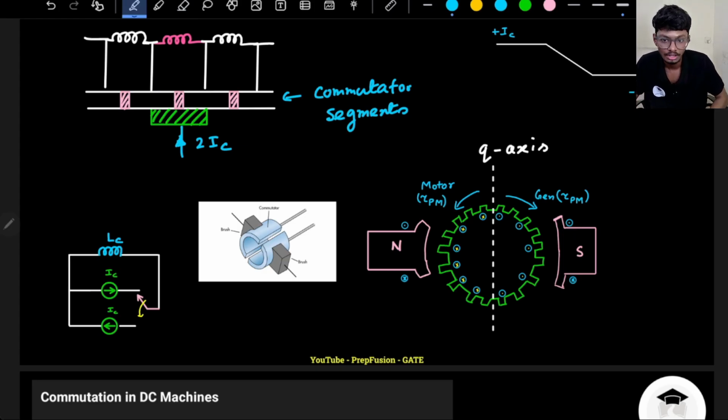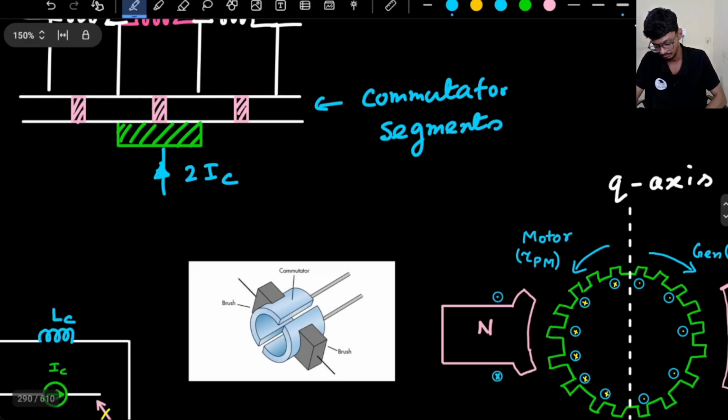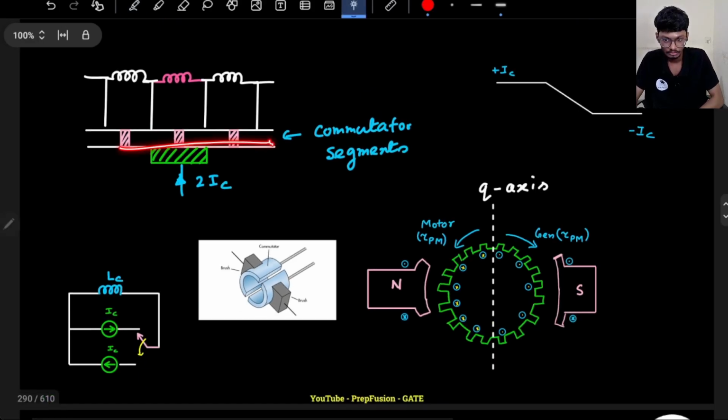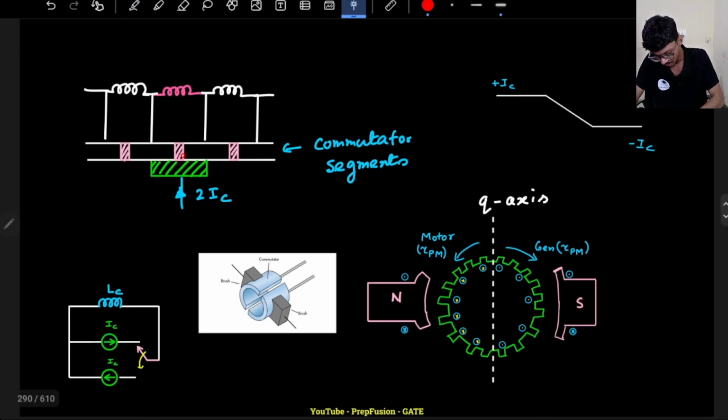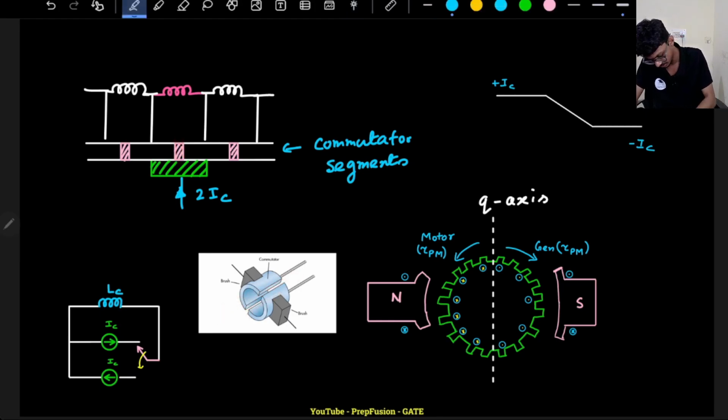This will keep on moving, and slowly the current will keep on reducing. From this brush, 2 IC current will come. When I am here, this is open circuited, because this is the air gap.